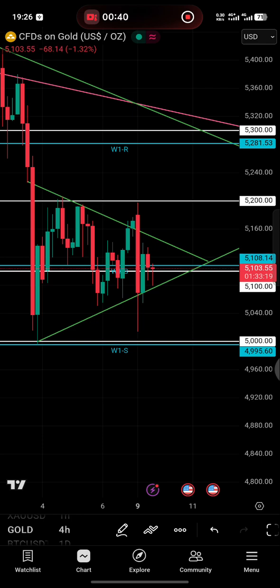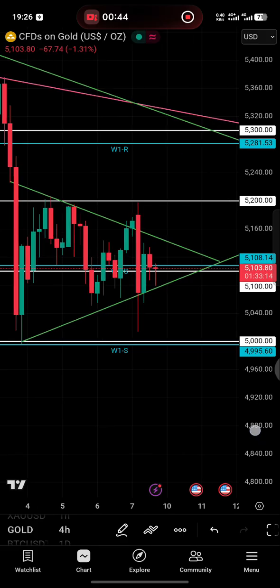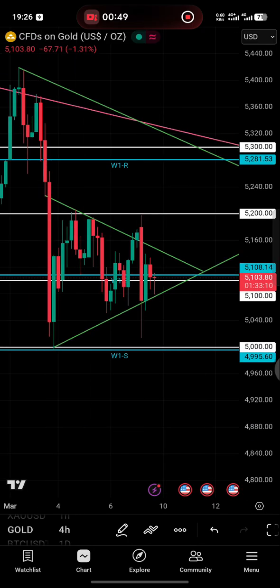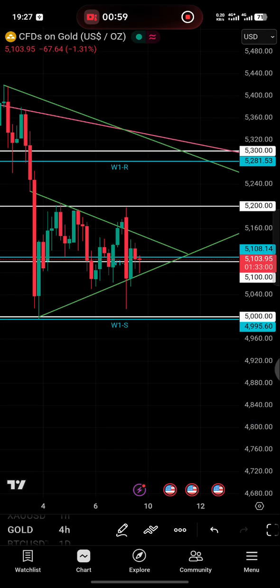So I'll start by observing the 4-hour time frame first. As you can see on the 4-hour time frame, the chart is still going sideways. It hasn't created any observable trend yet. Why is the chart not going on a trend yet?